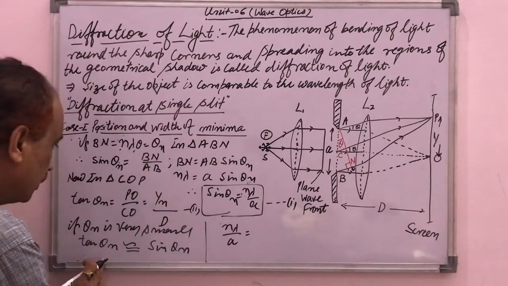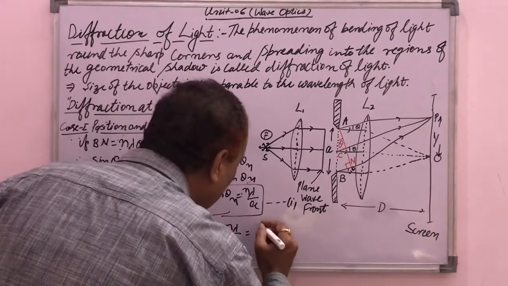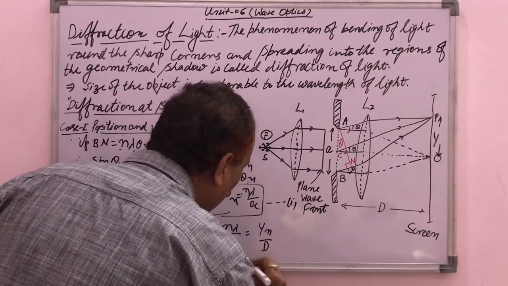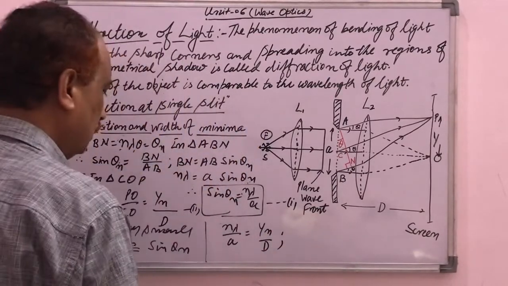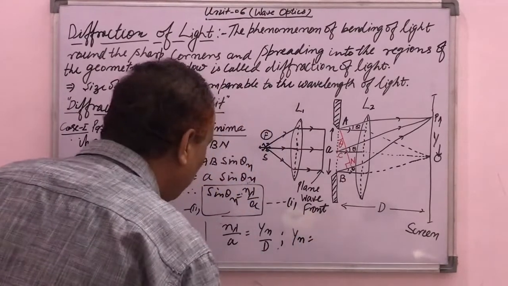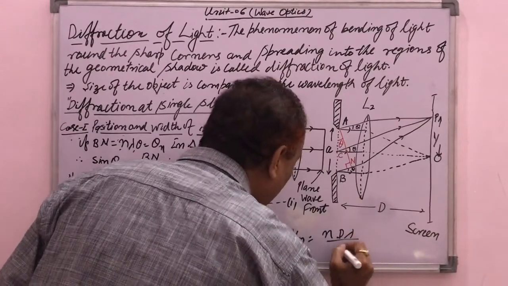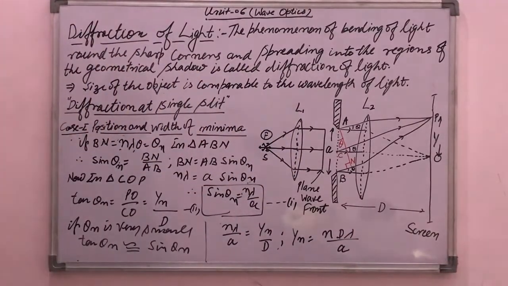From the second equation, sine theta n will be equal to yn upon D. Then after that we have to find out the position, that is yn. So yn will be equal to n D lambda upon A. Now this is the position of the nth secondary minima.